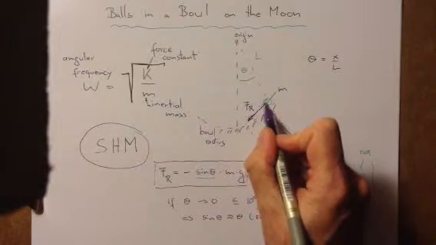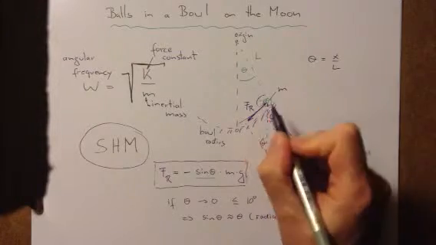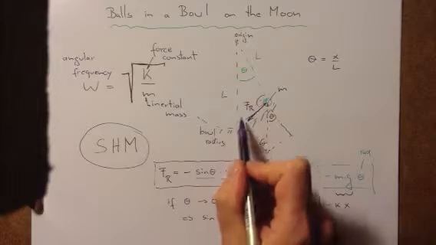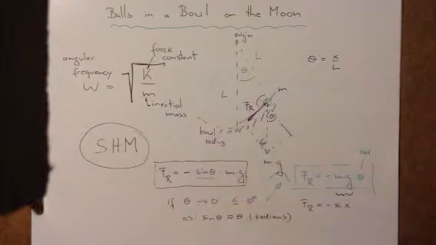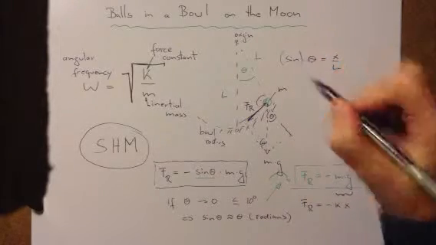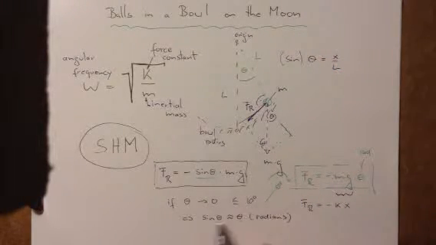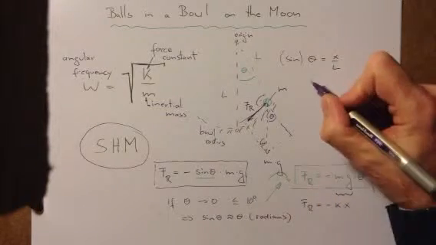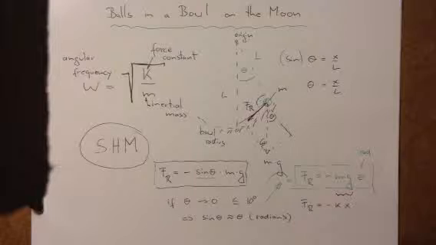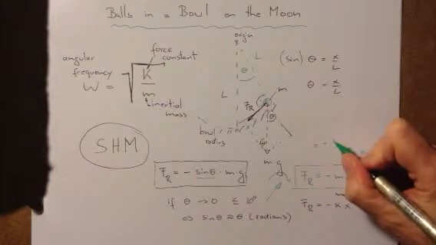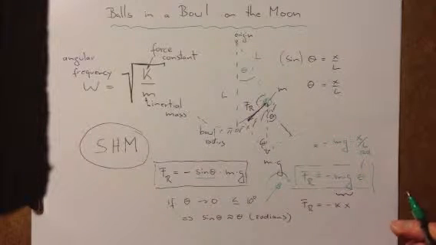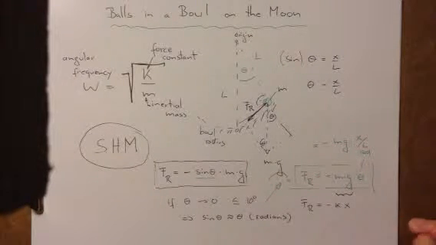For small angles we have, this is the right angle, and this becomes L, so theta divided by L is equal to the sine theta, and because we again use the approximation that theta is small, we can simply say theta is equal to x divided by L. So we therefore have in this equation minus mg times x divided by the length L. So now we know the force constant.